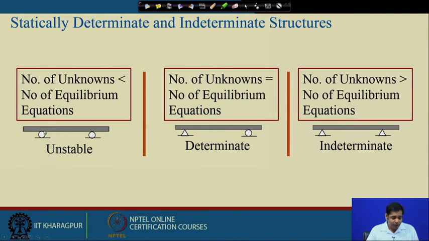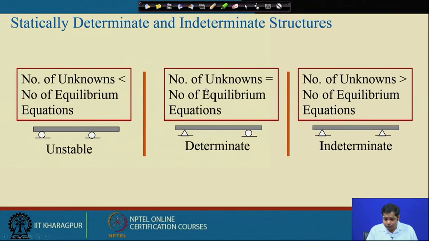You see here, there are only two unknowns, the vertical reactions, but three equations are available: summation of forces in the vertical direction, summation of forces in the horizontal direction, and summation of moments equal to 0. So, this is an unstable case.